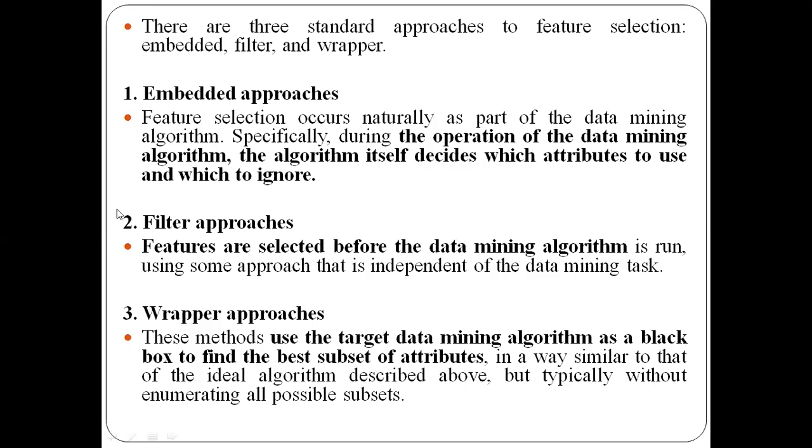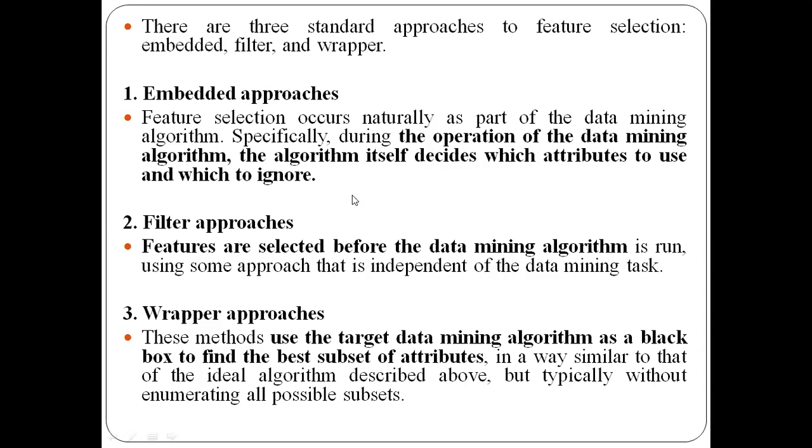The second one is the filter approach. In case of the filter approach, before running the data mining algorithm, I need to choose which features are required. It will not depend on the data mining algorithm, and the algorithm will not decide the features. Instead, the data miners or knowledge workers must decide which features or attributes are required for running the algorithm. So before running the algorithm itself, we need to filter the attributes or features. It is independent of the data mining algorithm.